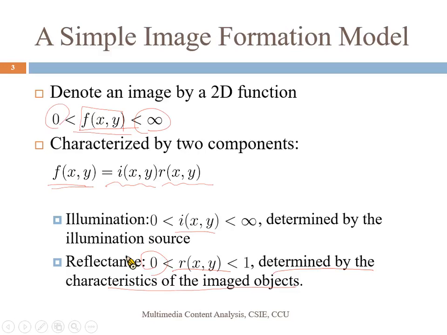In this case, we perceive this pixel as black because no light has been reflected from this point. And when the reflection factor equals 1, all light of different wavelengths has been reflected by this point, so we perceive this pixel as white.